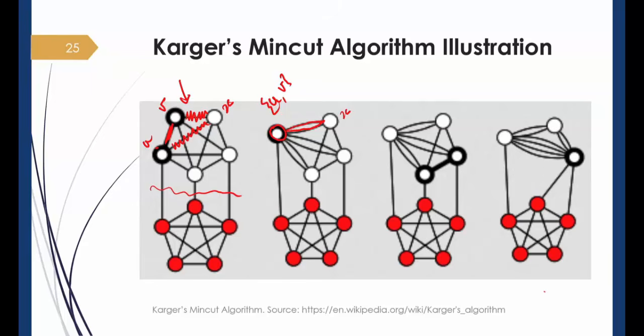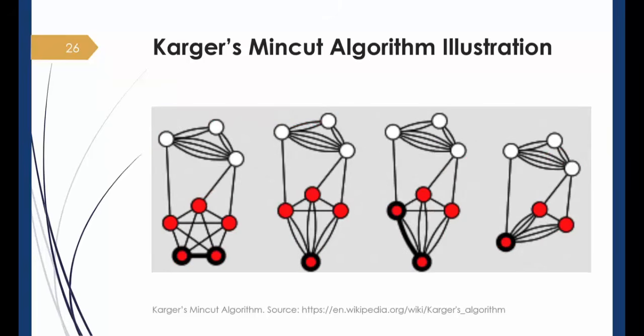So, we now again randomly choose one of the edges, and notice that you cannot discard these multi edges. Each one of the multi edges is also a candidate for being picked. In this case, let us say this edge is picked. So, we contract those two vertices, we get this super node, and notice that we get 4 multi edges over here and 2 multi edges over here. We retain all of them, and we proceed in this manner.